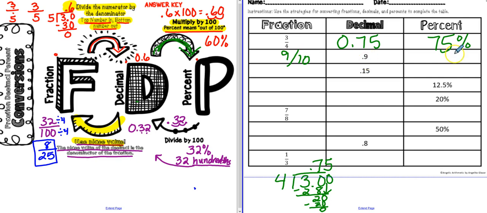But we have our percent missing too, and so when we go from a decimal to a percent, we're multiplying by 100. So since we're multiplying by 100, because they're hundredths, we're going to move our decimal point 2 places to the right. So that's going to be 90%.